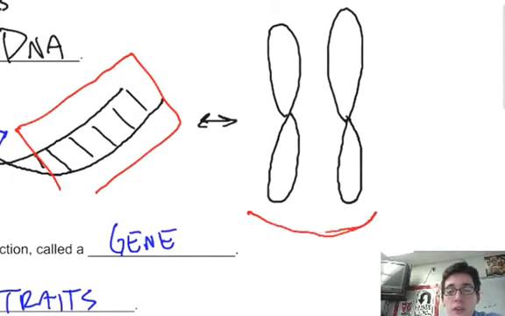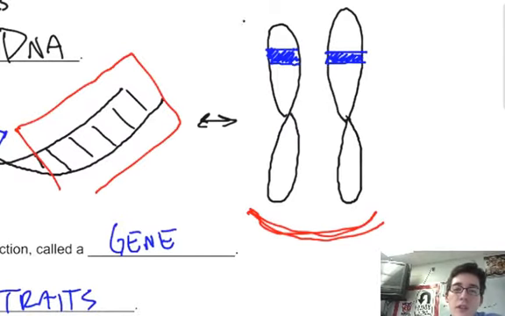Okay, these go together, or this is a chromosome pair. Let's say you have a gene right here in the chromosome. Okay, that little chunk of DNA is a gene. Now, these are identical to one another. They're the same. So the one on the left is going to be one allele, and this one on the right is going to be a second allele.